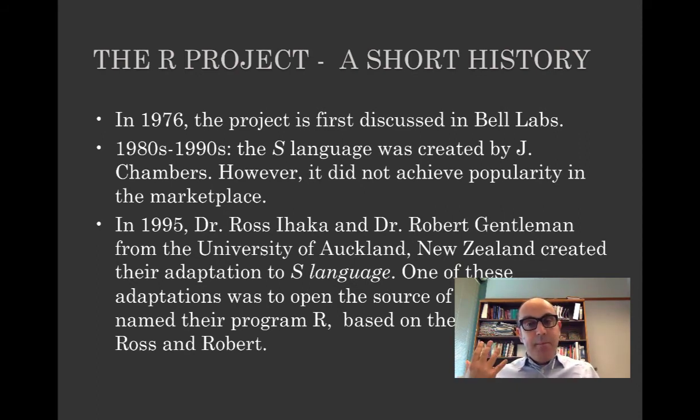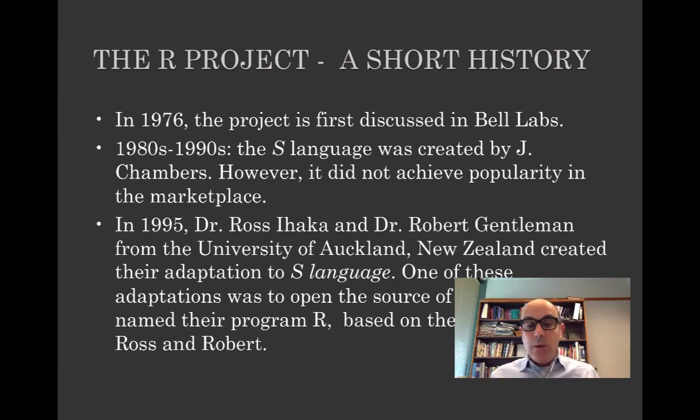But Bell Lab was not a very successful company in the long run, and they had to close out and were purchased by AT&T. But in 1995, two professors from New Zealand took the idea of the S language and opened its door to open source.